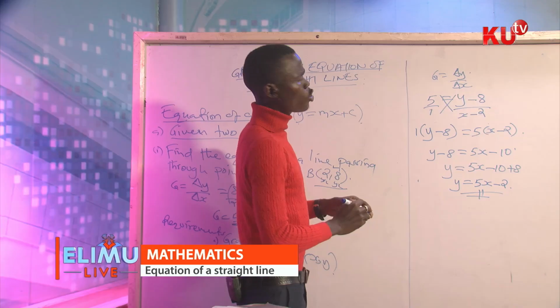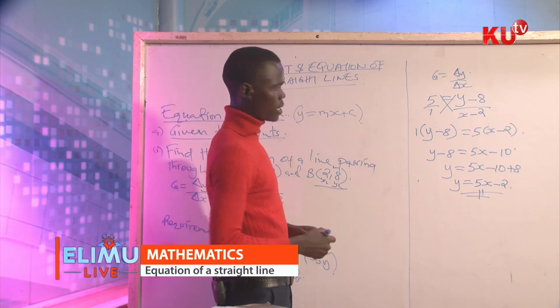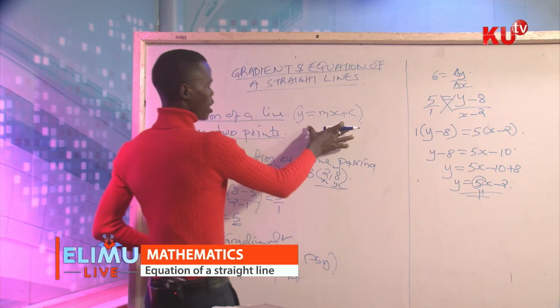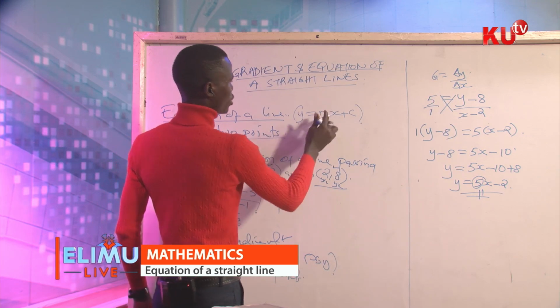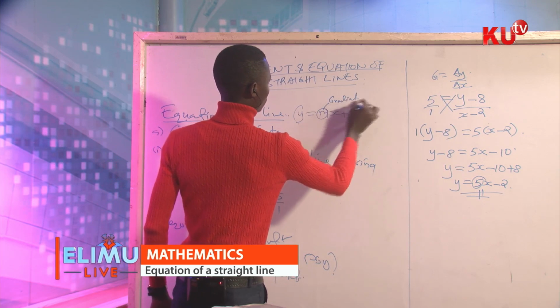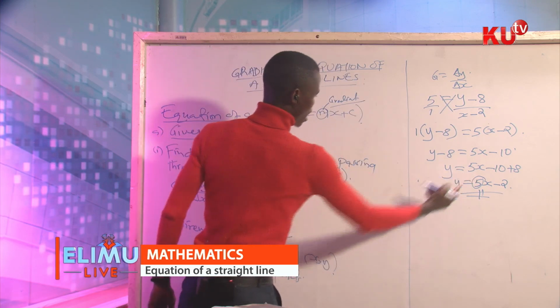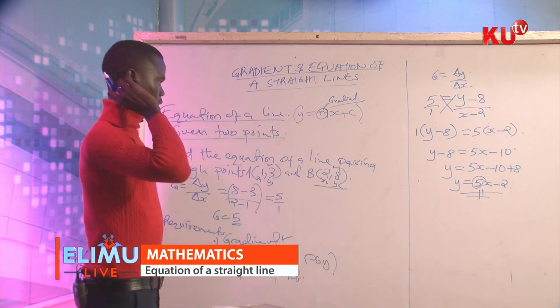And for you to confirm that you're right, let us check our gradient. What is our gradient? 5. And how do we notice our gradient? Let us come back to this. y equals mx plus c, where m is the gradient. And if m is our gradient, it means 5 is the gradient. And initially, we had 5 to be our gradient.